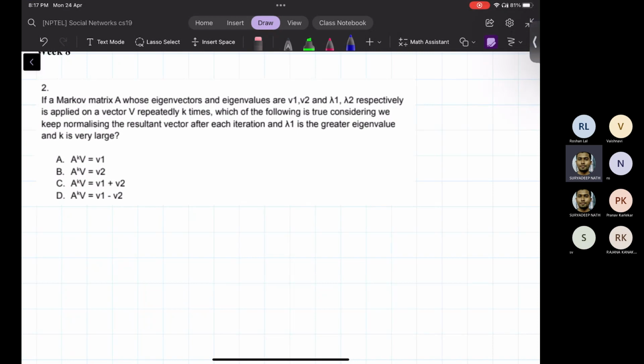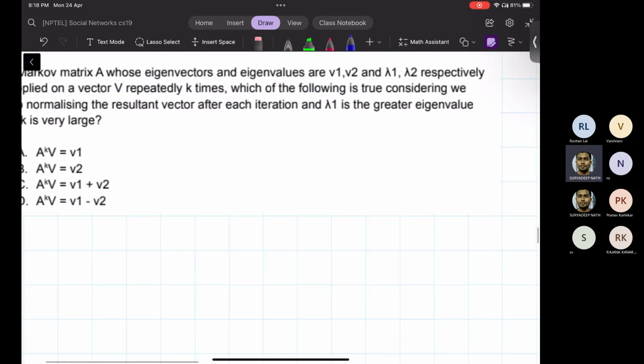So if a Markov matrix A, whose eigenvectors and eigenvalues are v1, v2, lambda 1, lambda 2 respectively, is applied on a vector v repeatedly k times, which of the following is true, considering we keep normalizing the resultant vector after each iteration and lambda 1 is the greater eigenvalue.